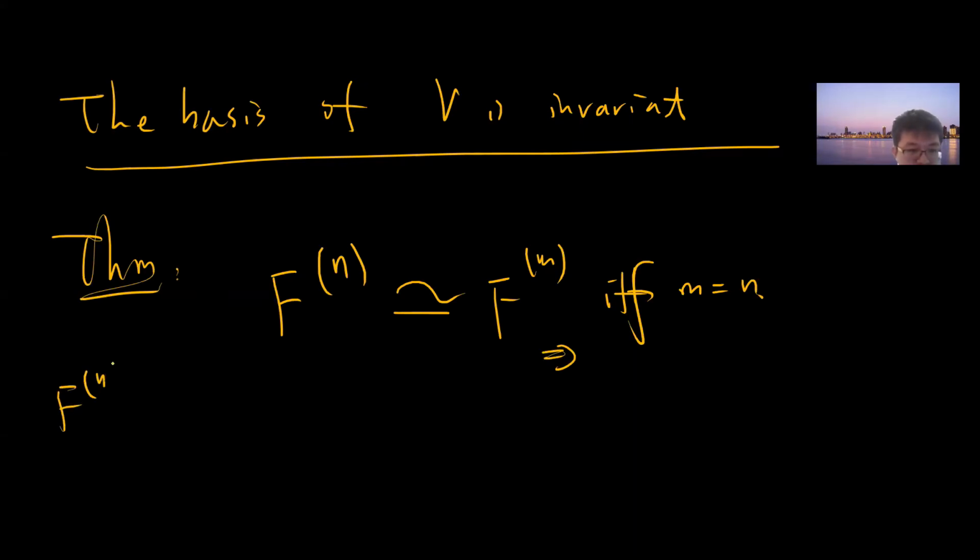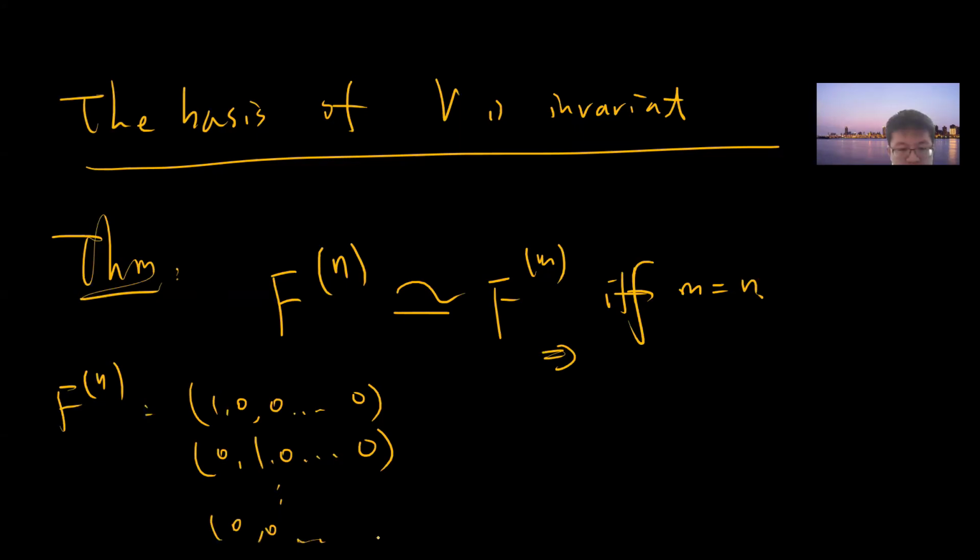All right, so let's say F^n has a basis 1, 0, 0, ..., 0, 1, 0, ..., and so on up to 0, 0, ..., 1.